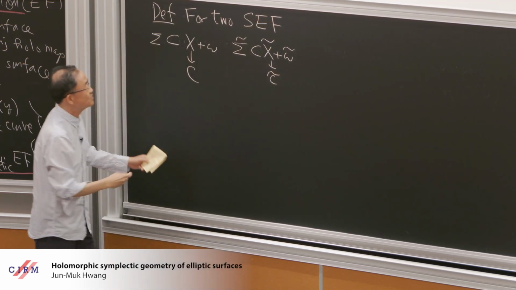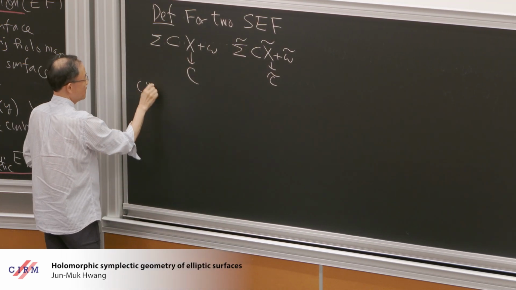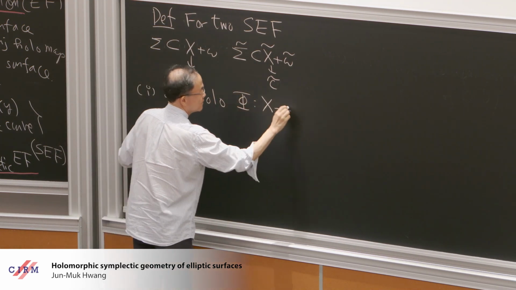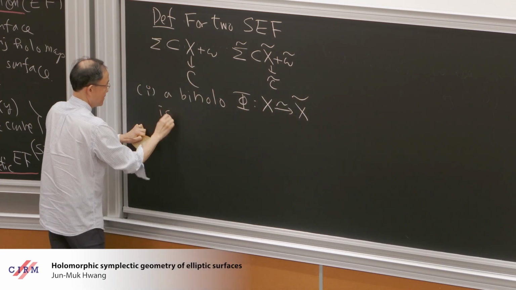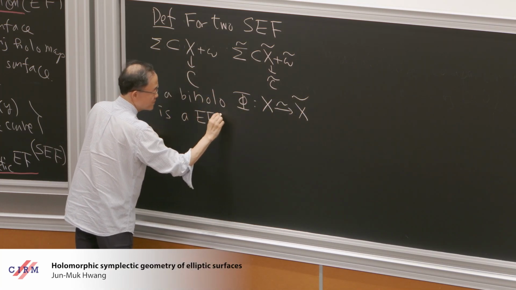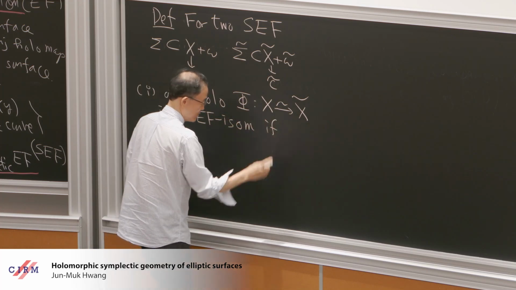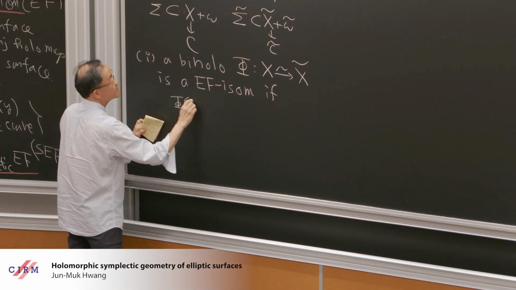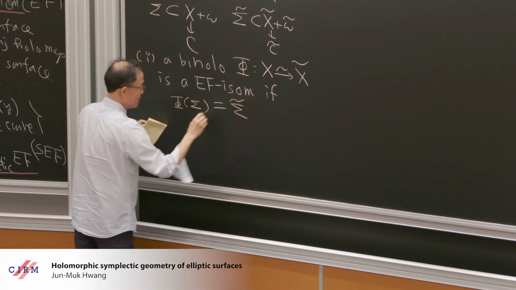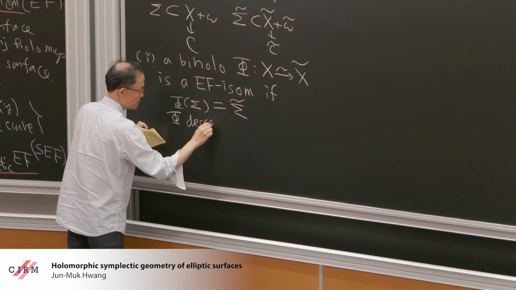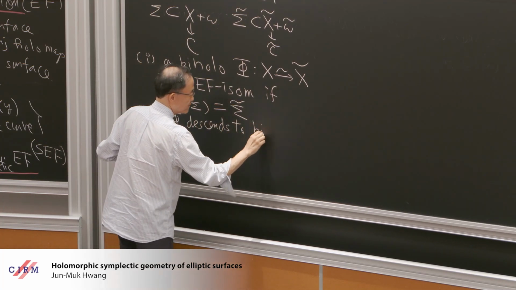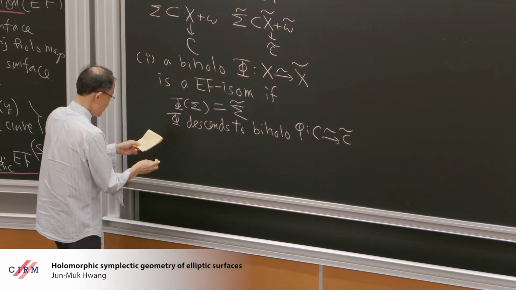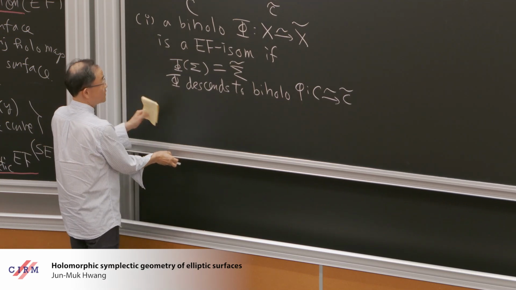Then we say that a biholomorphism phi is an elliptic fibration isomorphism if the following obvious properties hold: it sends the section to the section, and phi descends to a biholomorphism of the bases.